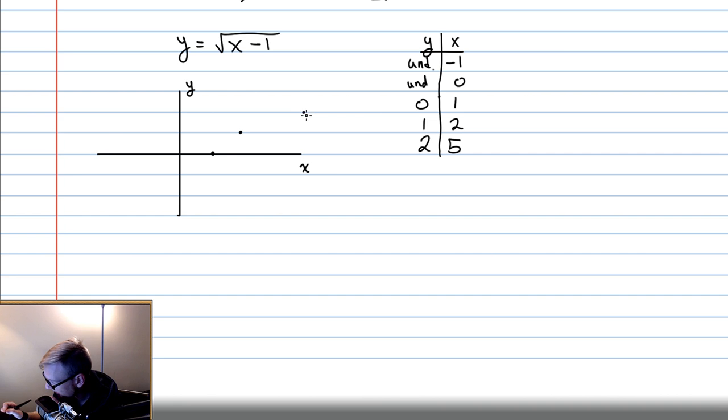And when x is 5, it's about there. Somewhere looking like that. Now, in this one, it doesn't look like they're incorporating both sides. No, it doesn't. Just that.